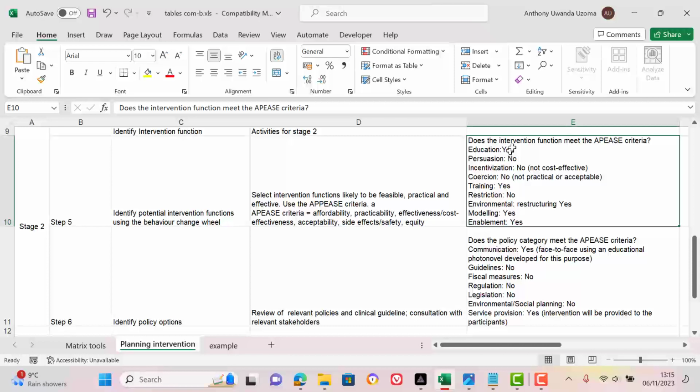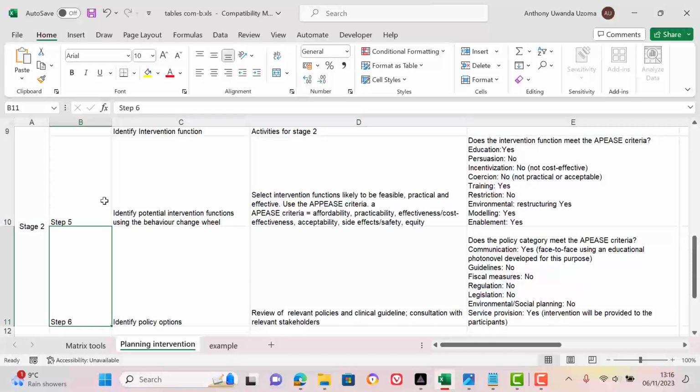So I will now say, based on the APEASE criteria, which one can I do based on the local context of this implementation? I will now tick yes, no, and select the ones that I can do, the ones that I can implement. So that's your step 5.